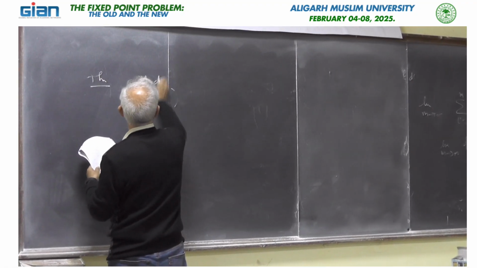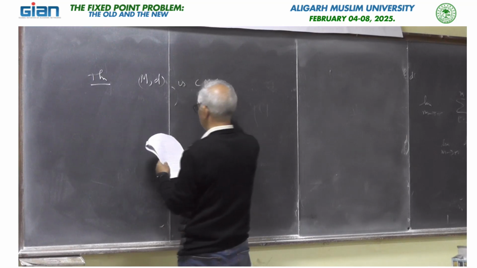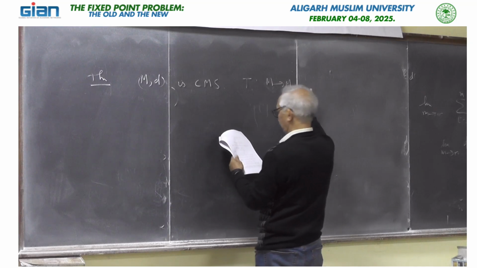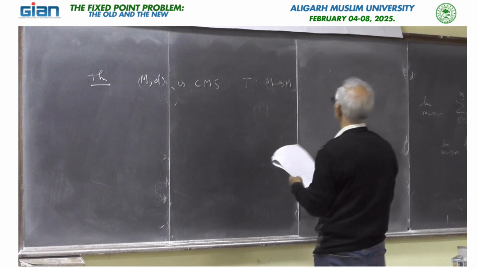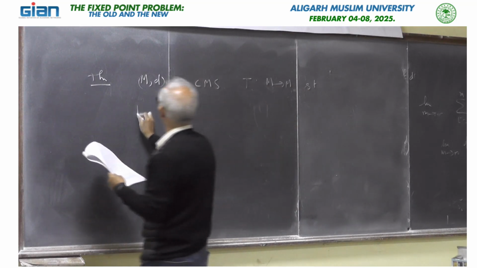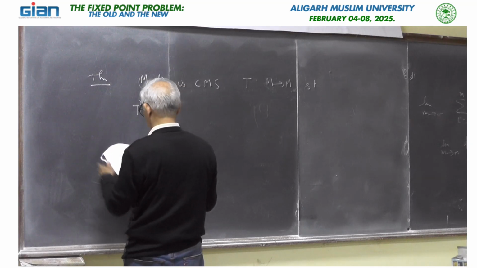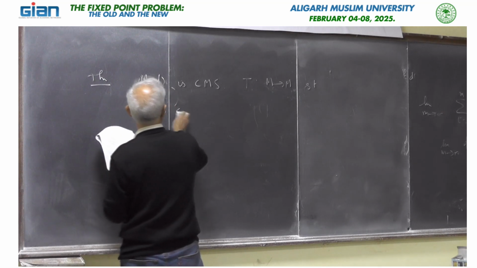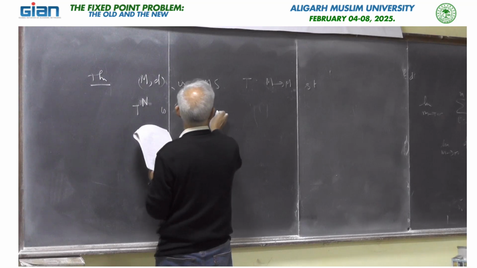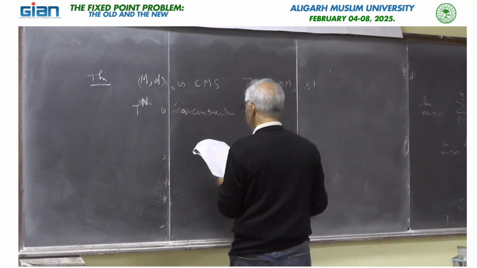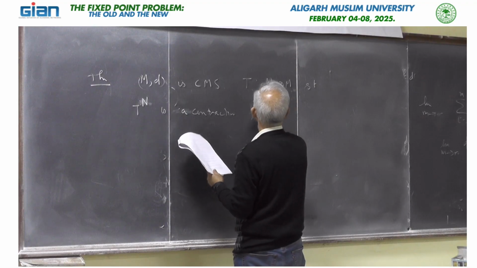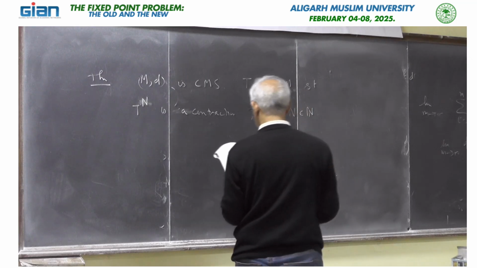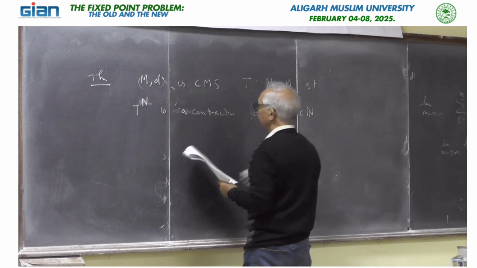Again (M, d) is a complete metric space, and T is from M to M such that T^N, rather we will write capital N, T^N is a contraction for some N in the natural numbers, then T has a fixed point.